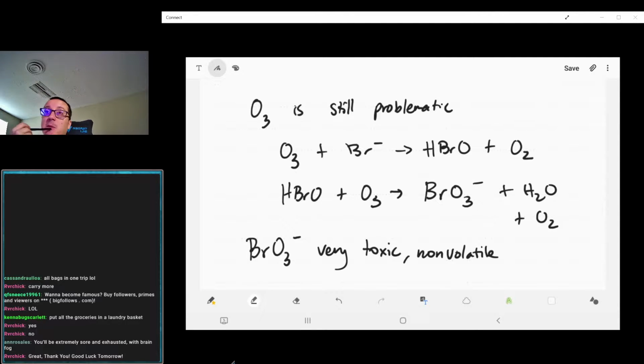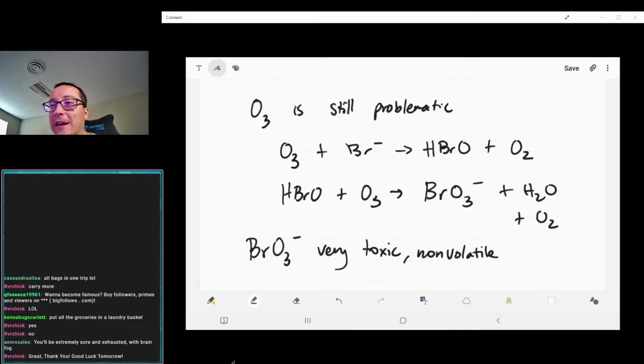And so ozone, being a stronger oxidizing agent, can cause bromates to form. Those are not good in your water supply. So even using ozone can still have some unwanted side effects from killing all of the nasties in your water.